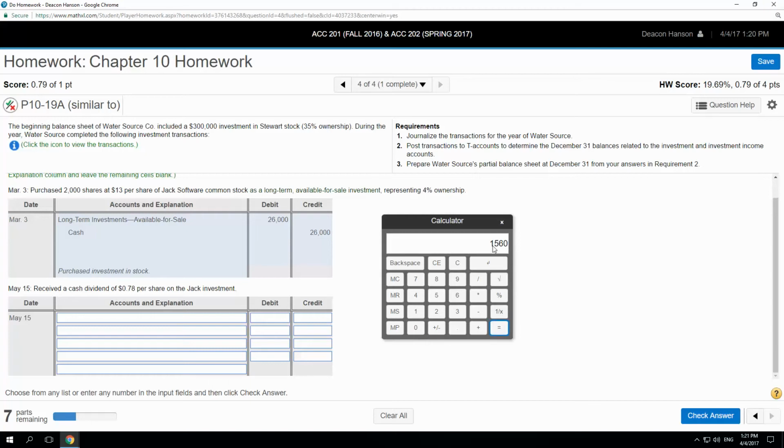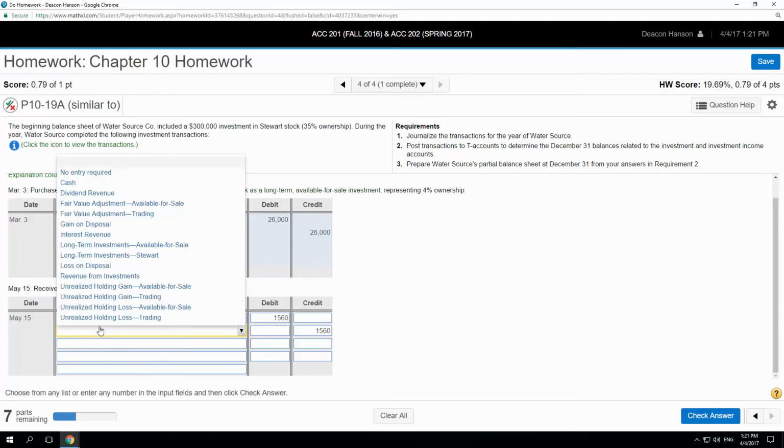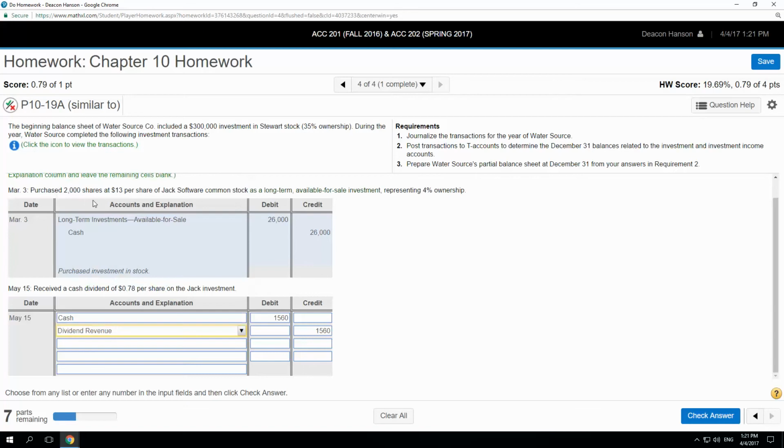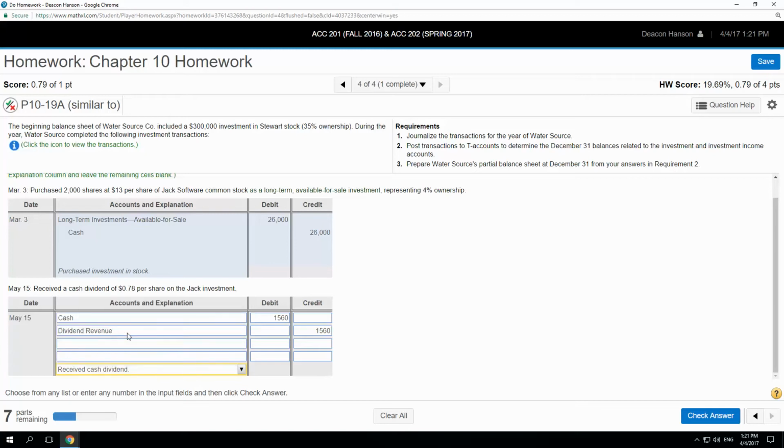Yep, 1,560. If you've got to use your calculator, it's fine. So that's going to be cash received and dividend revenue, right? That's to record the dividend on the Jack company. Received cash dividend. It doesn't need to be that specific. We just got a dividend.